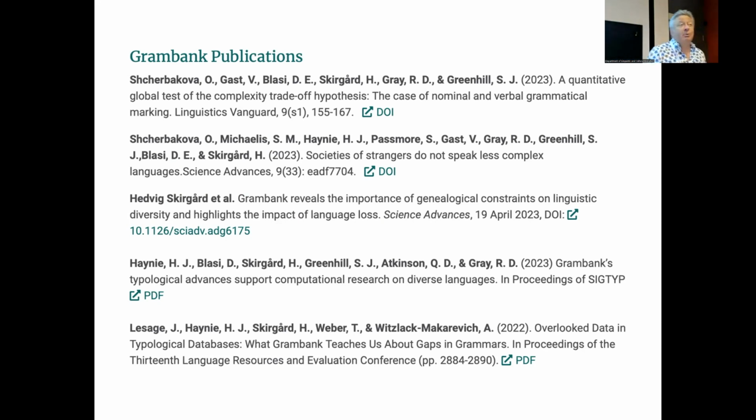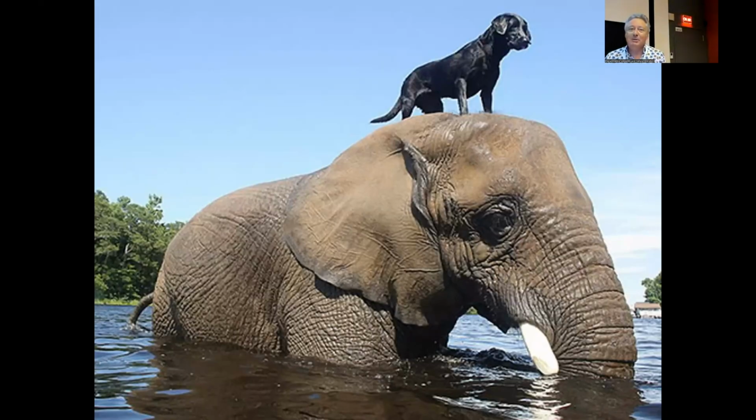I want to emphasize at this point that although I'm really proud of what we've already achieved with the Grambank project, none of it would have been possible without all the previous work that has been done on typological databases. So in the words of Sir Isaac Newton, I think we've been lucky enough to be standing on the shoulders of giants. And here we are on the shoulders of giants. I just want to mention some of the projects that I think were important in lighting up the path for the Grambank project.